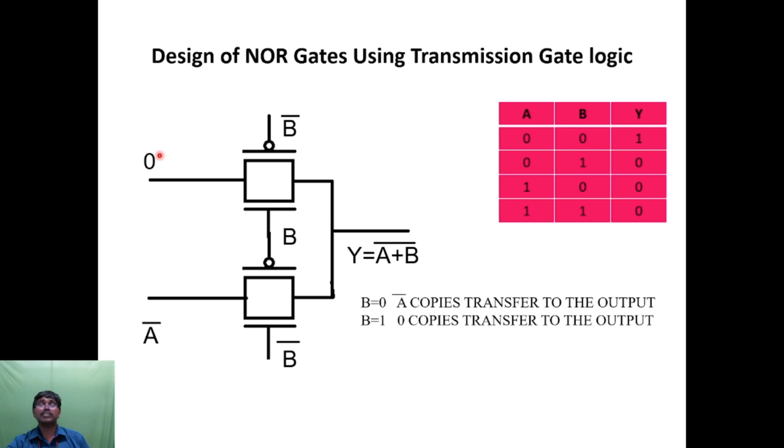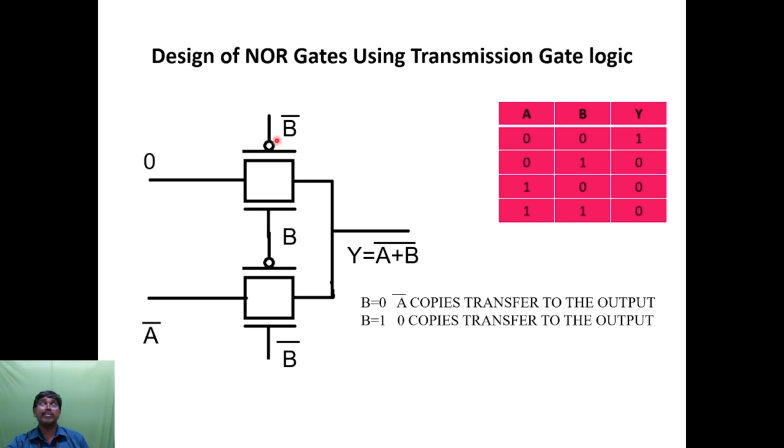That means I have to assign the data input as 0 and the control inputs are both high. When B is equal to high, this NMOS transistor will be on. This NMOS transistor on, definitely this 0 will be passing, and B bar is equal to 0, that is PMOS will be enabled.